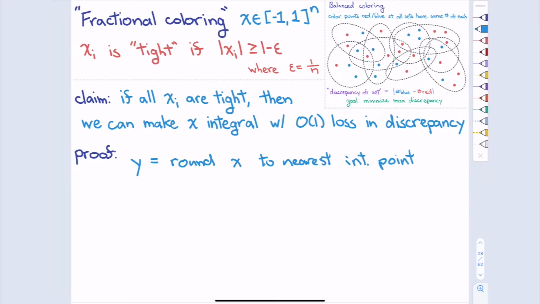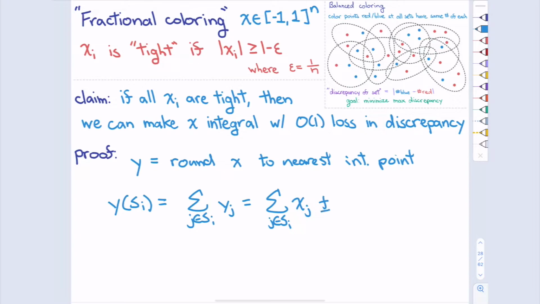Okay, and if I wanted to look at the total balance of some vector y, then we'll be summing over all the coordinates in that set, yj. And this is xj, plus or minus at most epsilon.